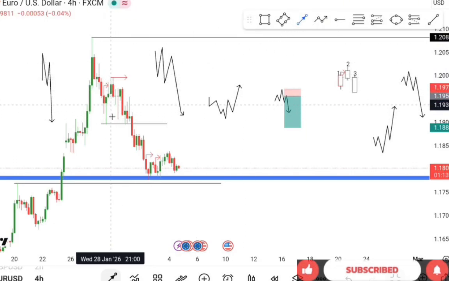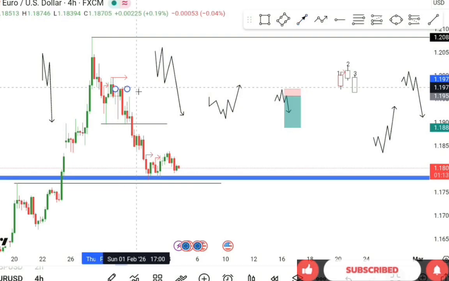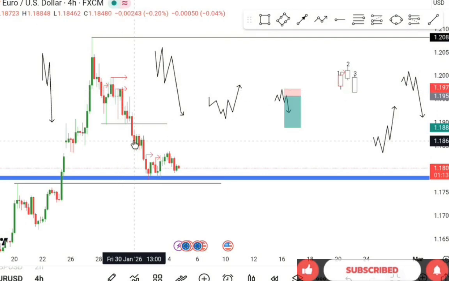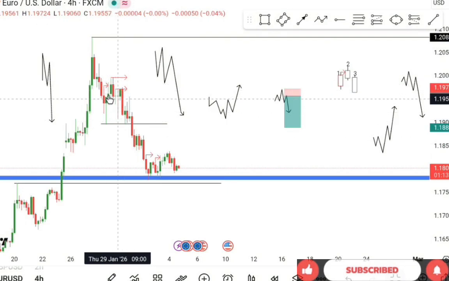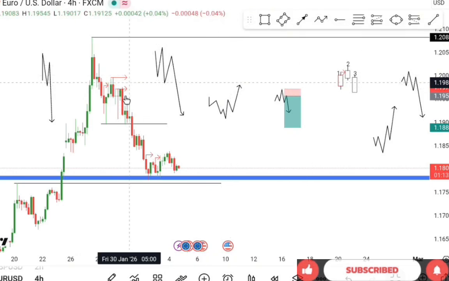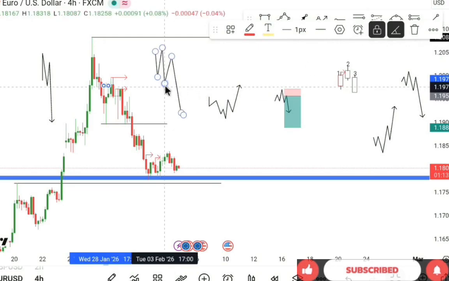Number two, we have this sweep of liquidity above this angle. Number three, we saw a displacement, and after this displacement, we need to see a little retest above the 50 or 60% discount area before we have a displacement to the downside.